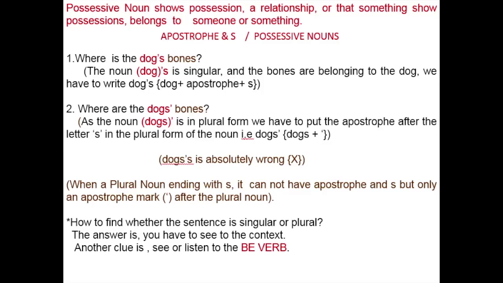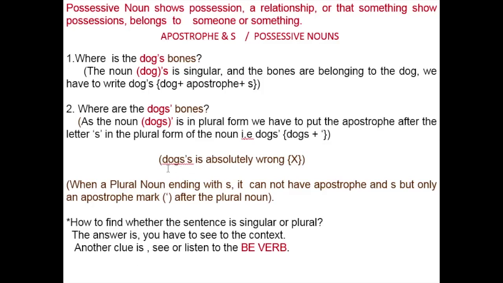Where are the dogs' bones? As the noun is in plural form here in the second sentence, we have to put the apostrophe after the letter S in the plural form of the noun, that is dogs, and then the apostrophe. Once again, dogs plus apostrophe.